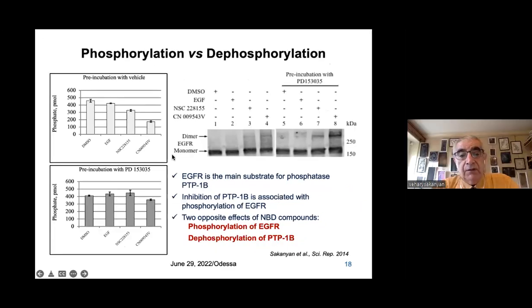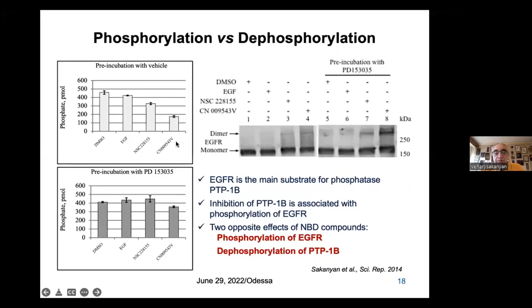EGFR itself is a substrate for PTP1B, and this experiment clearly showed that the compound has two different, opposite kinds of action: first, the phosphorylation of EGFR, and second, the dephosphorylation of PTP1B.